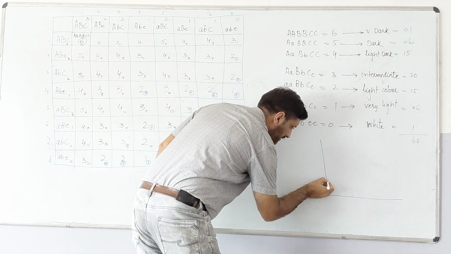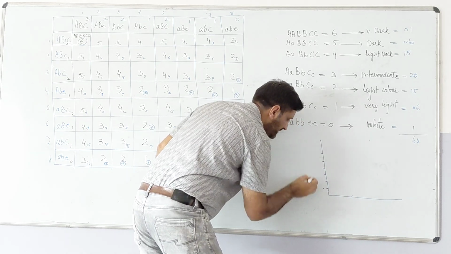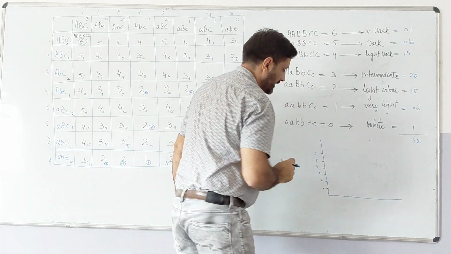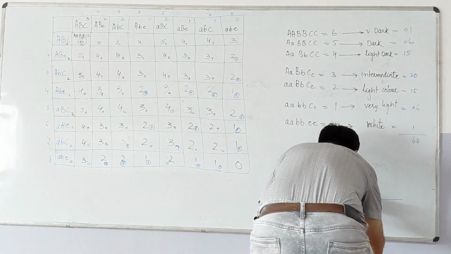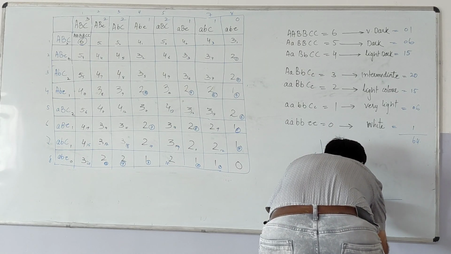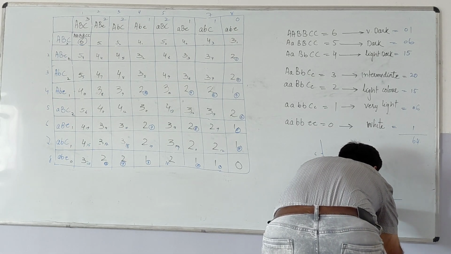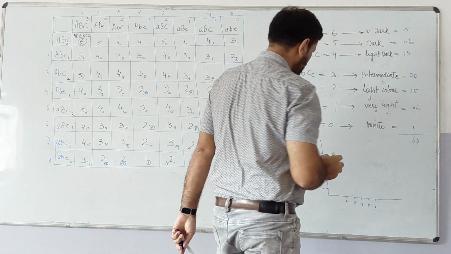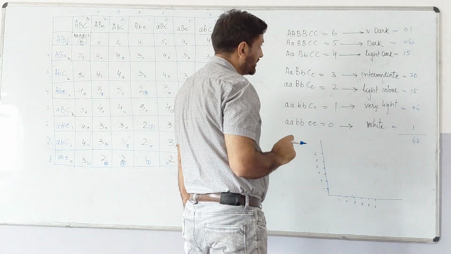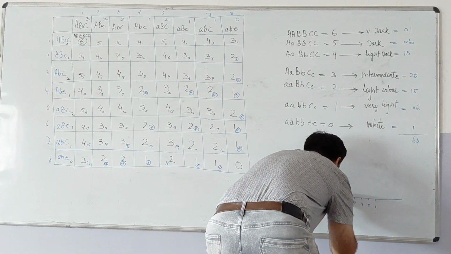Suppose it's the number of 1, 2, 3, 4, 5, 6. And here are the number of dominant alleles 1, 2, 3, 4, 5, 6. So in the first, we are having only one individual which has 6 dominant alleles. So our graph will be like that.